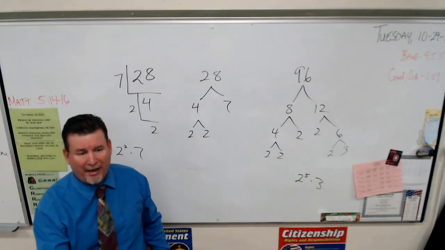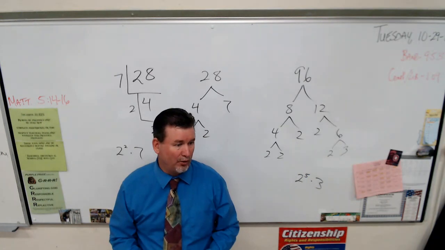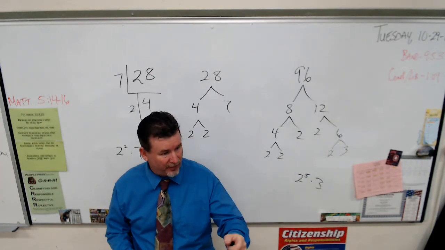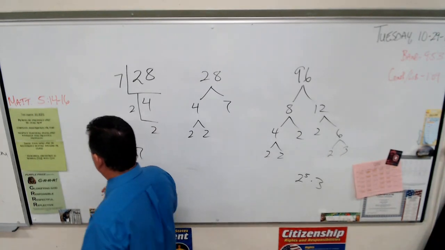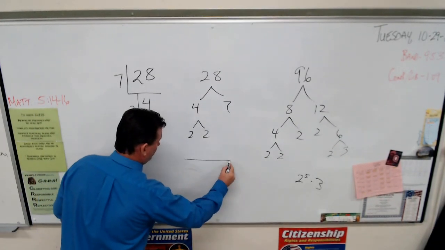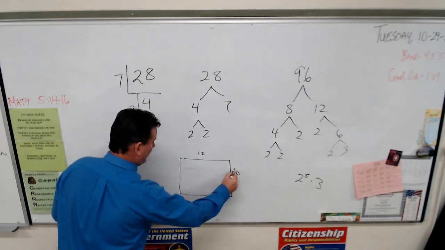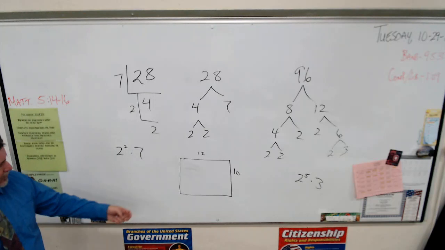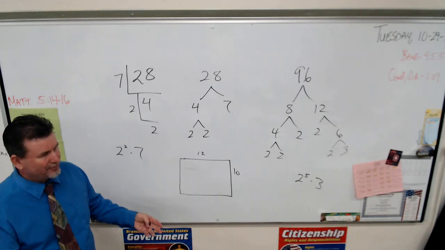What would be the best possible pattern to make that quilt if you had 120 patches? What do you think? 12 times 10? What would that look like? 12 by 10. Taller.